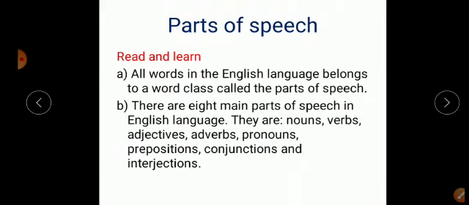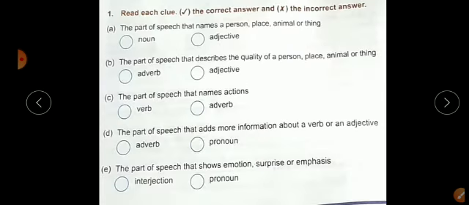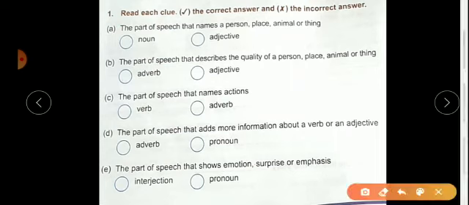They are nouns, verbs, adjectives, adverbs, pronouns, prepositions, conjunctions and interjections. So, in this grammar part, we will see the definitions.